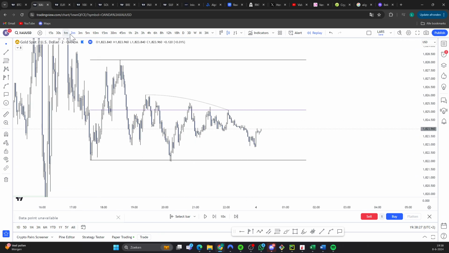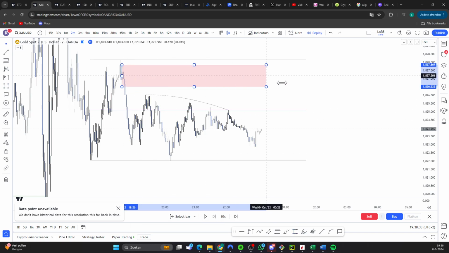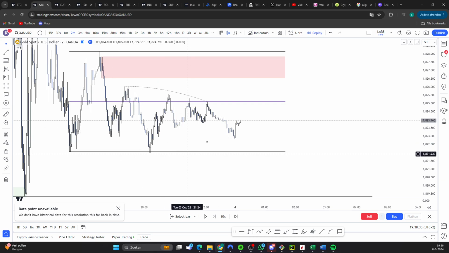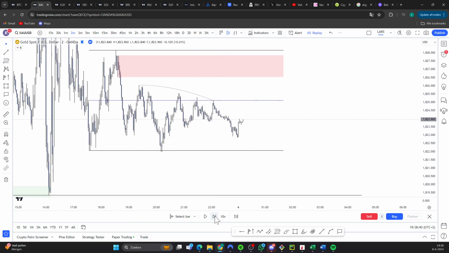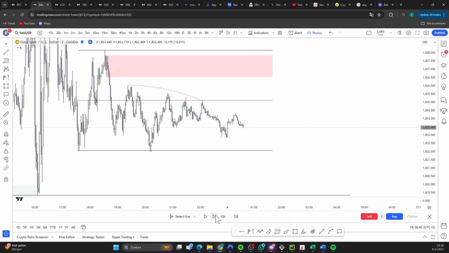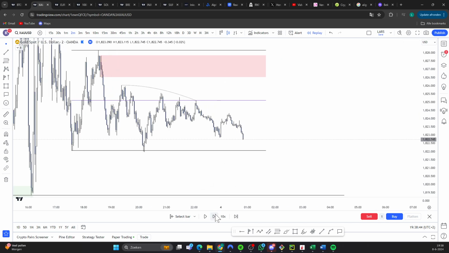I don't know. That's 1 minute structure. Probably have some resistance up here. I'm looking at this local range as an accumulation play, but I wouldn't trade these hours.